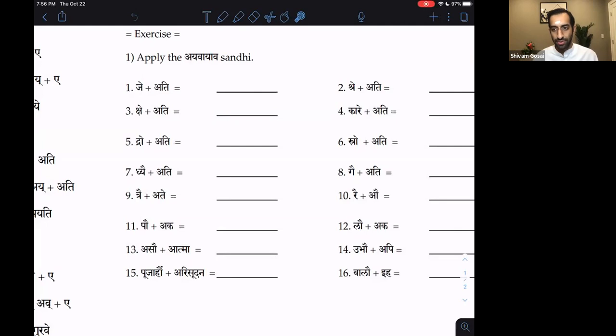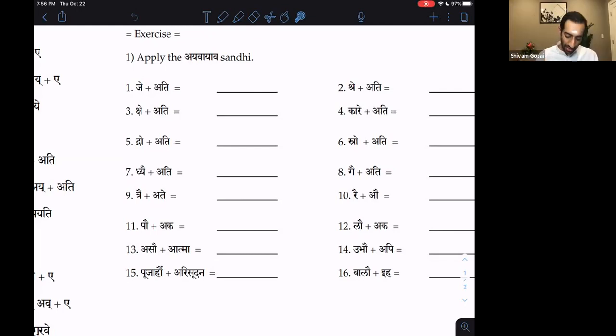It can be either a subanta or a tinganta, or it could be a pratipadika. You can have all of those variations. Okay, what is akka?